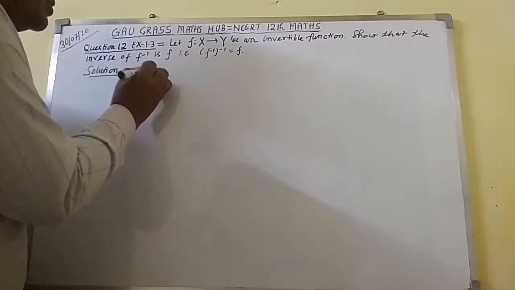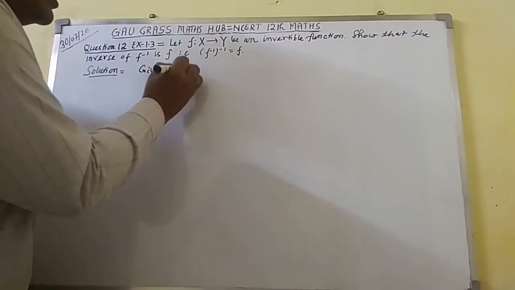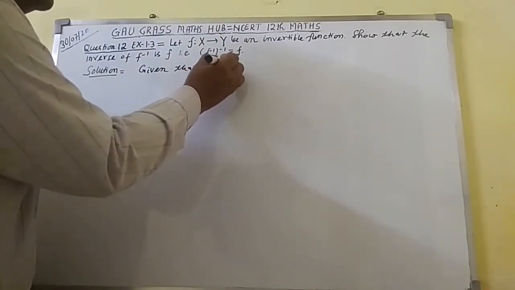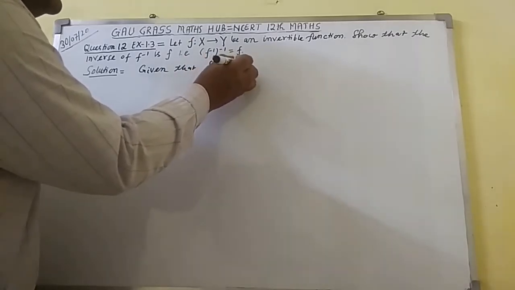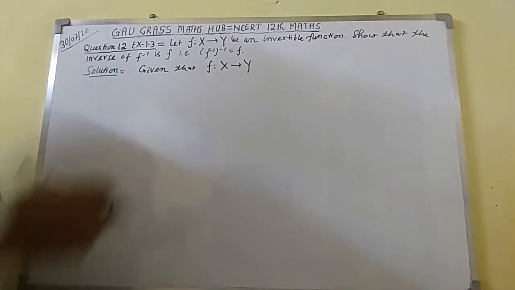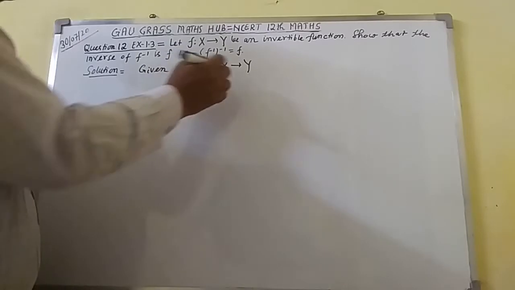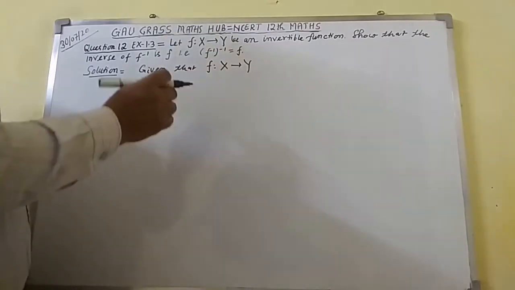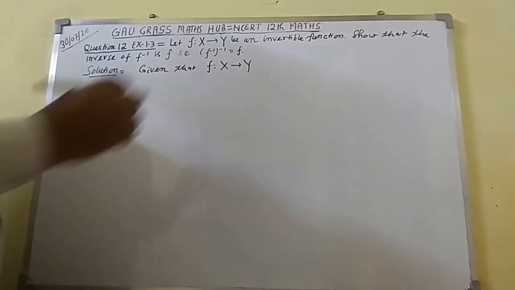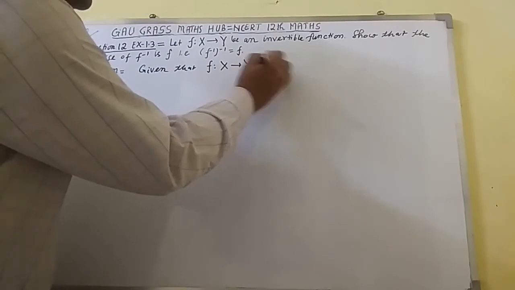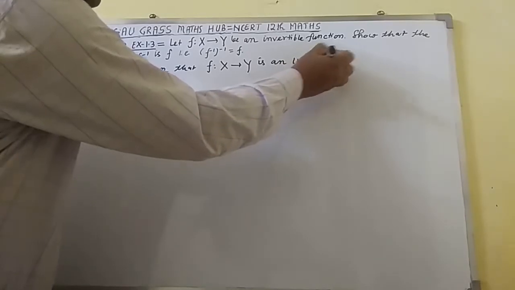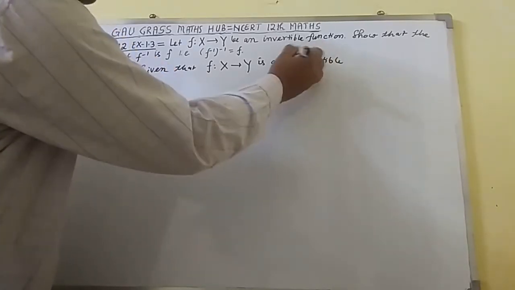Given that f: X → Y, f is a function from X to Y, is an invertible function.